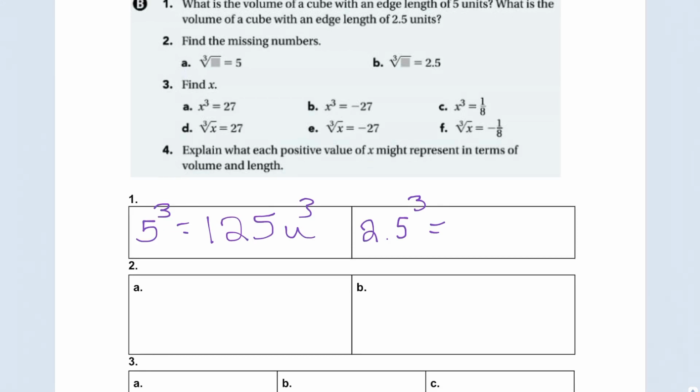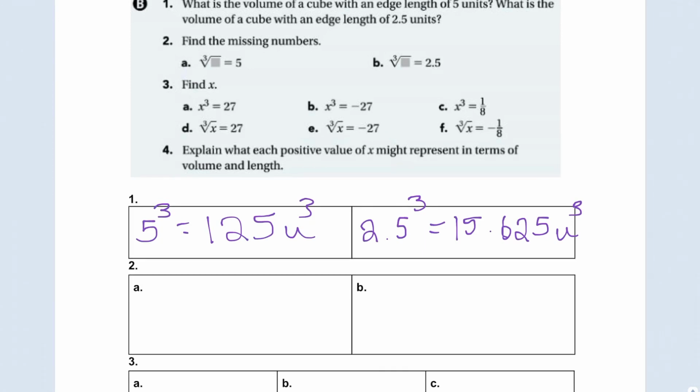Sorry, I had to go run and get my calculator here. And so our volume is 15.625 cubic units. Oh my goodness, my writing is horrible on this. All right.